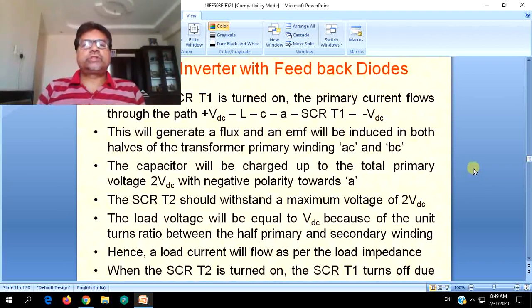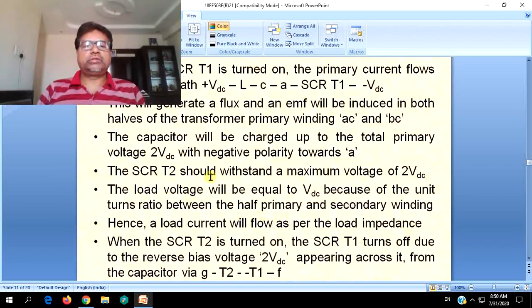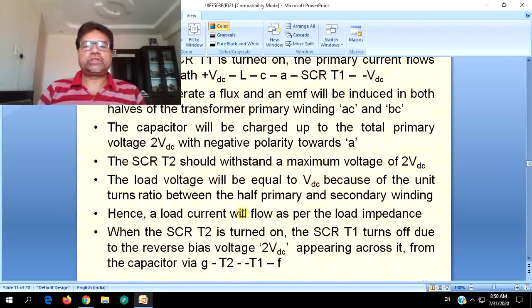That is, once it is turned on, the first interval when T1 conducts, the charging of the capacitor, the setup of load current inside the load, all these things will be the same, just similar to the simple inverter. And the sequence will change once the other SCR, that is SCR T2, is turned on.